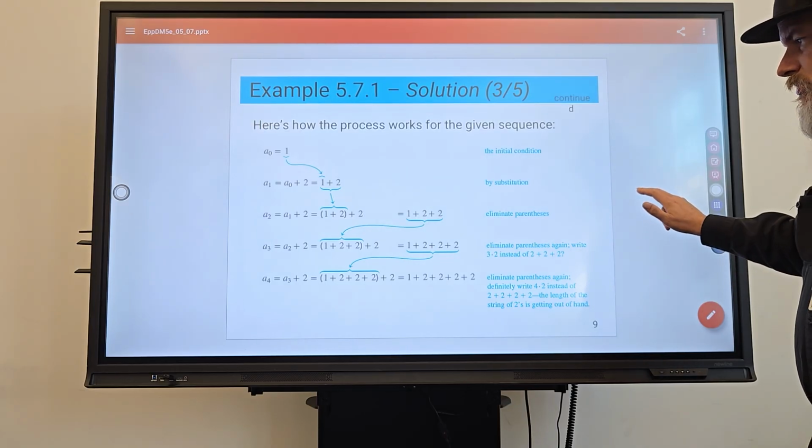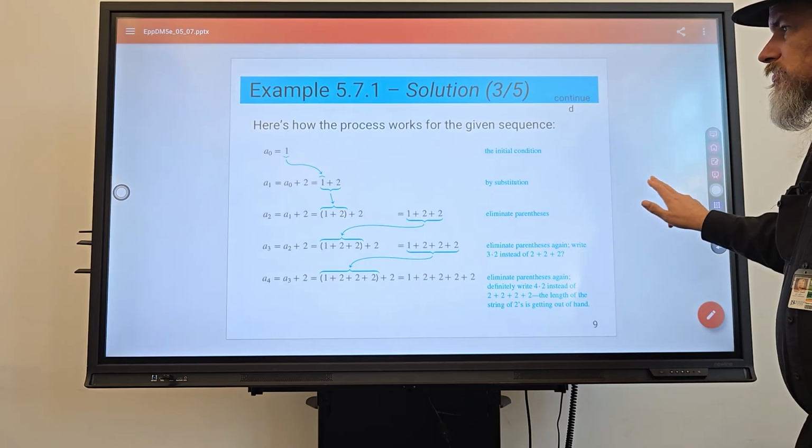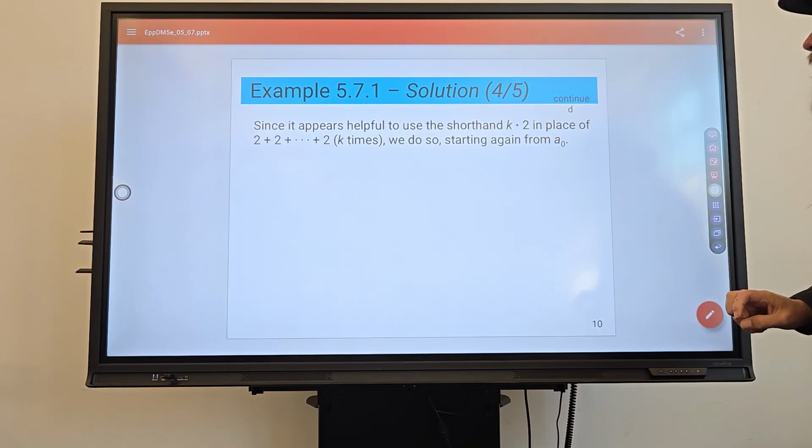It appears helpful to use the shorthand k times 2 in place of 2 plus 2 plus 2, k times. We do so starting again from a sub 0.